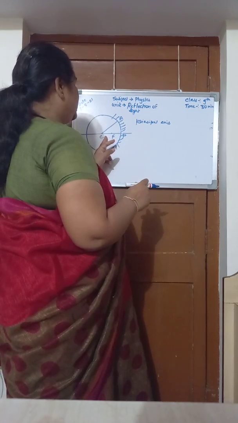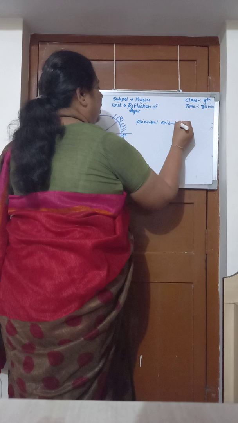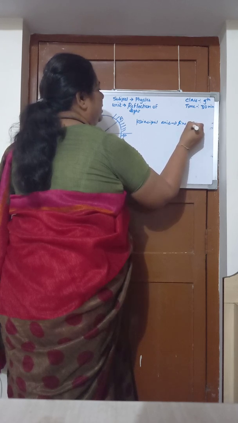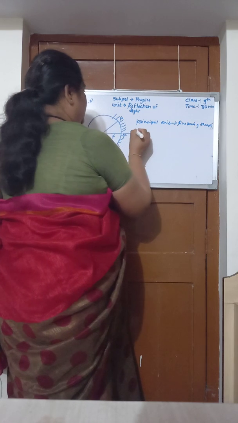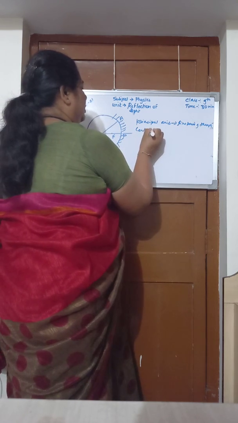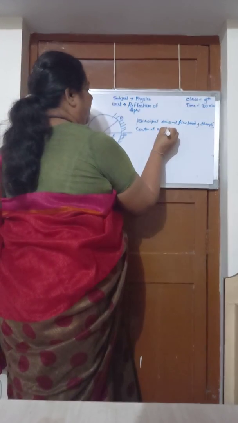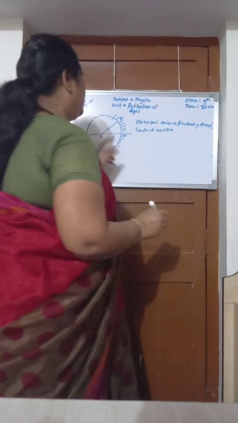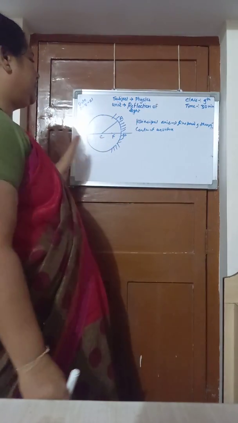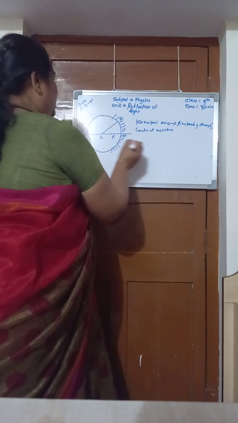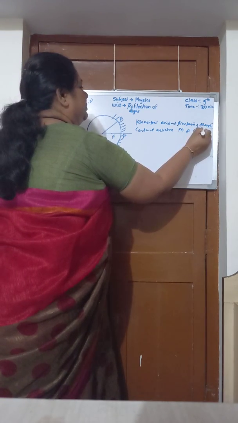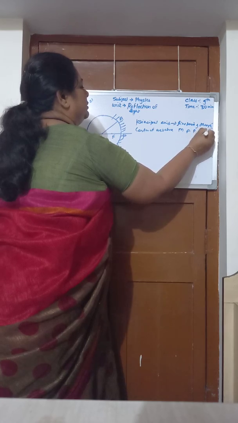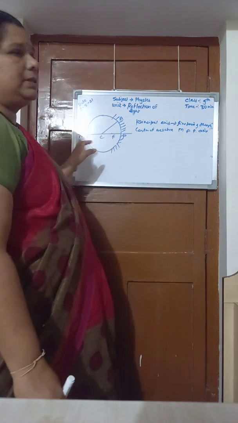The line passing through the center of curvature is called the principal axis. MP is the principal axis.